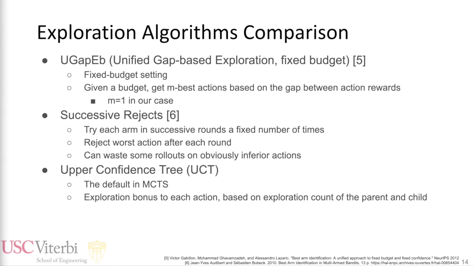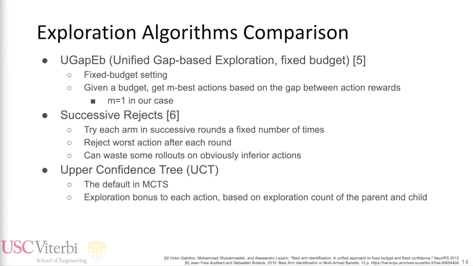Among the fixed budget algorithms, we used the UGAP-EB and successive rejects algorithms. In UGAP-EB, given a fixed budget, we get the M best actions based on the gap between the action rewards. In our case, we just want the best action, so M equals 1. In successive rejects, the agent chooses actions in successive rounds a fixed number of times and rejects the worst action after each round.